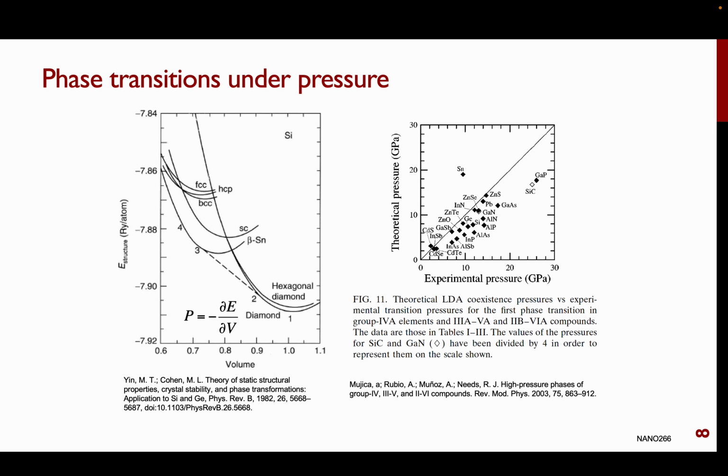And you can see that basically on the x-axis is the experimental transition pressure for all these structures, and on the y-axis is basically the theoretically calculated LDA transition pressure. And you can see that the agreement is actually not bad, right? So you at least get a fairly good qualitative trend of your transition pressure compared to the one that you get from experiments, right? So yeah.